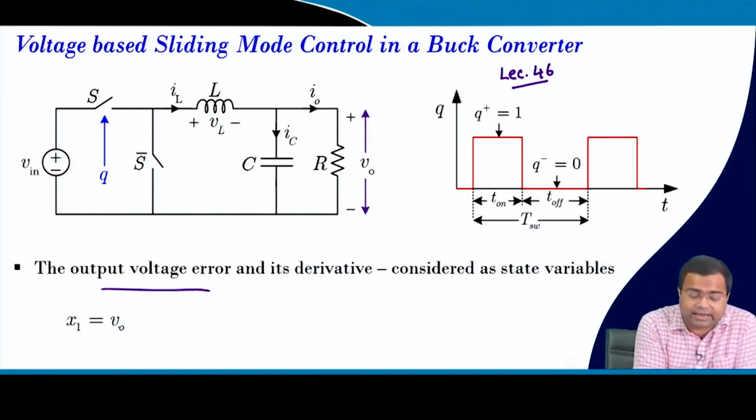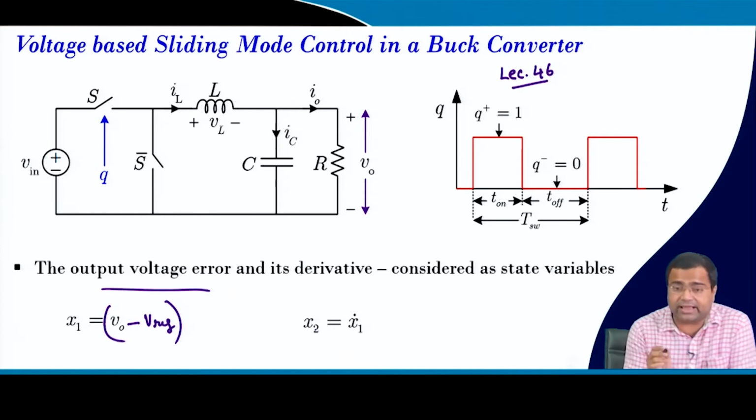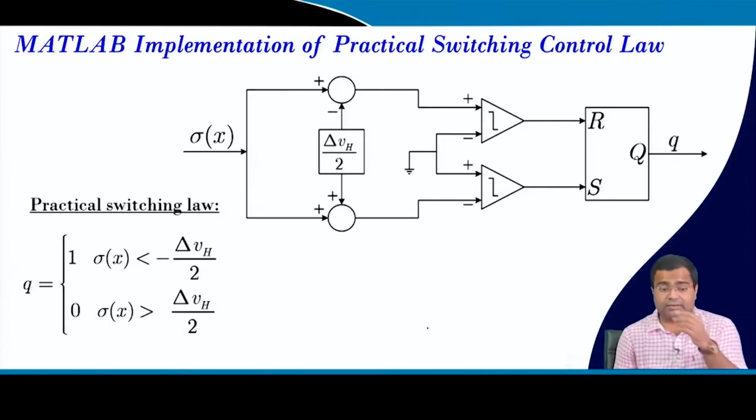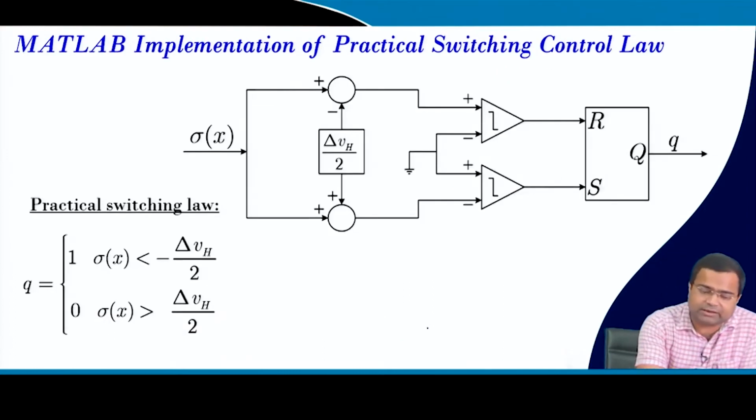So, you can take the error voltage as the state x1, which is V0 minus Vref, and the other is x2, with x1 dot equal to x2, which is simply dV0/dt. In this switching surface sigma(x), what we have considered is k1 or kp into x1 plus x2 is equal to 0. This is our switching surface.